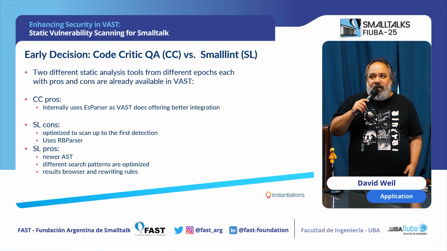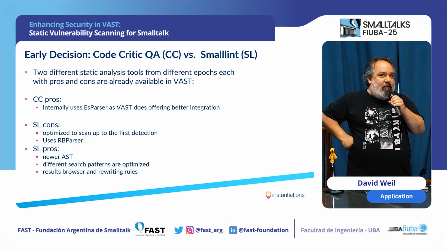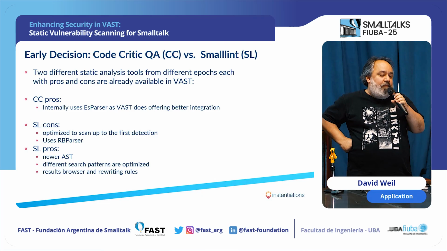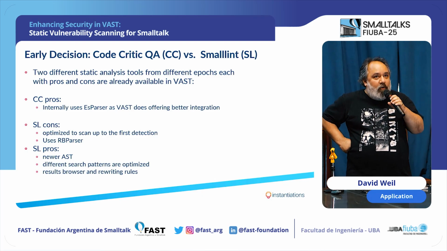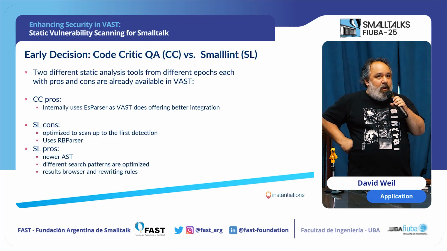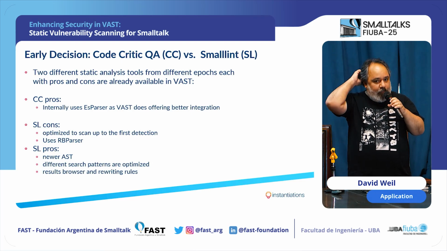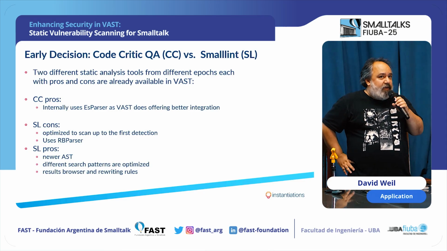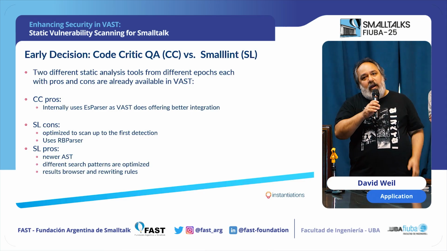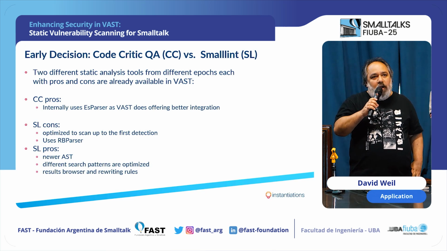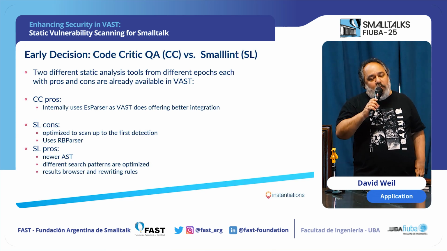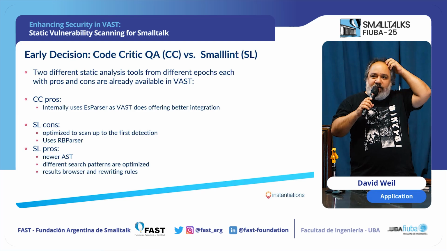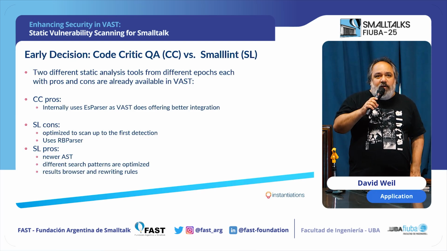In Bast, actually, there are two frameworks for doing static analysis. One is Code Critic QA, which has been in Bast since a long time ago, and there is also a more modern one, the SmallLint framework. Each of them has pros and cons. We have already used SmallLint, and it offers some very well implemented searches for code optimization, so we wanted to use that.